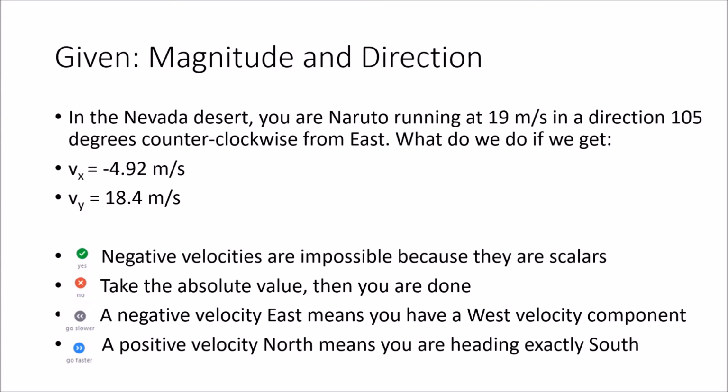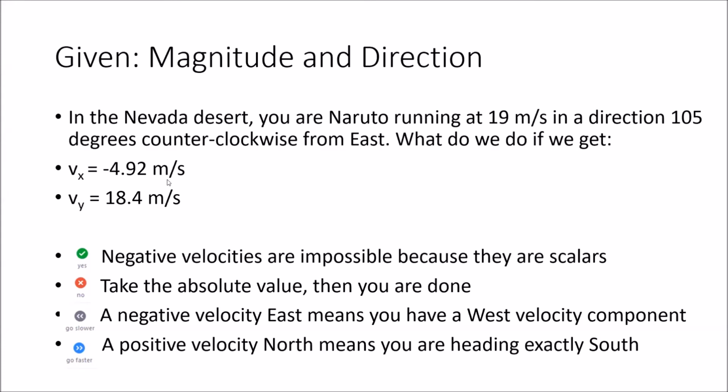Now, if you just took the absolute value of these, then you would lose the fact that you're going a little bit west. If you go 105 degrees counterclockwise from east, then you've gone past north. North is 90 degrees counterclockwise from east. So 105 degrees is an extra 15 degrees off of north, going now a little bit west.